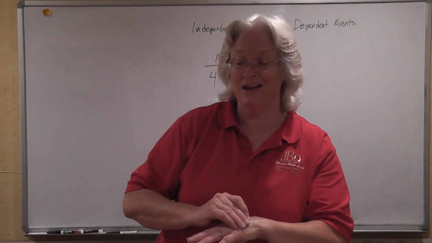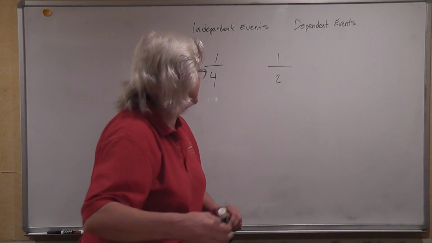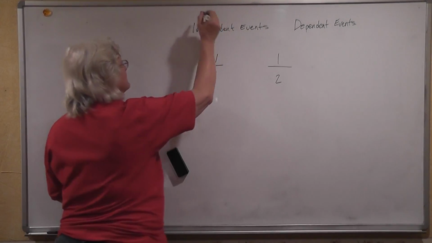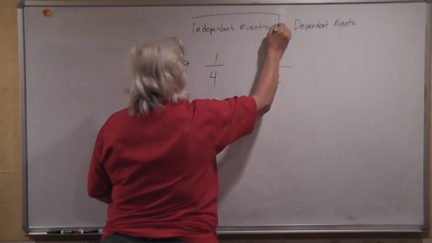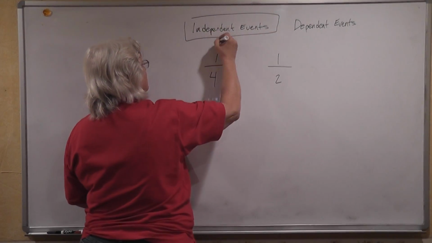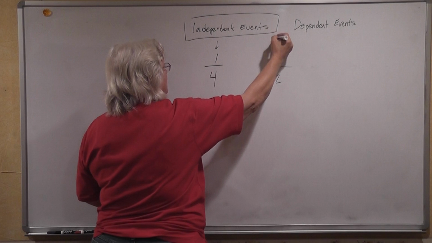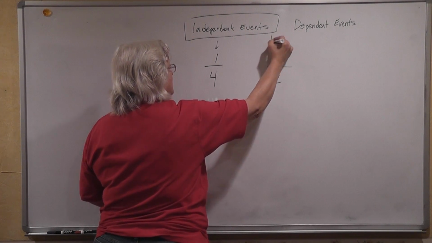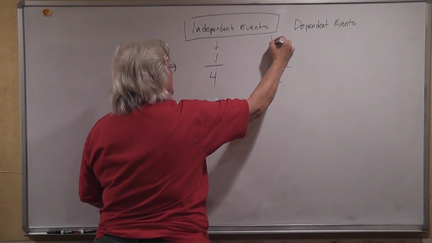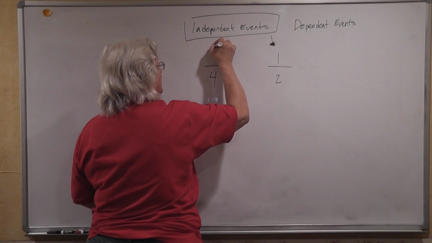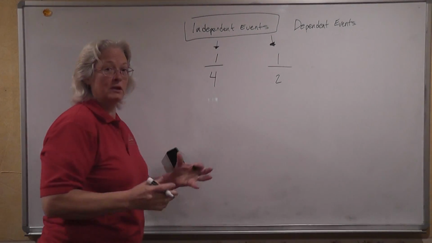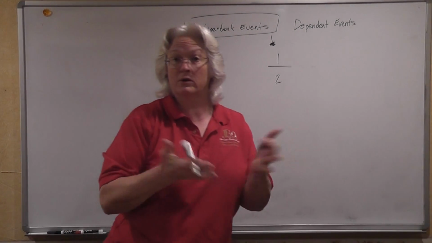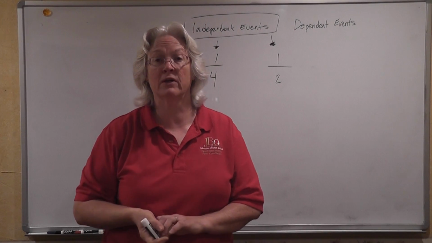No, does not have any effect whatsoever. So if we're going to spin the spinner right here, and we're going to flip a coin, those are what we call independent events. The fact that one occurs has nothing to do with the other.